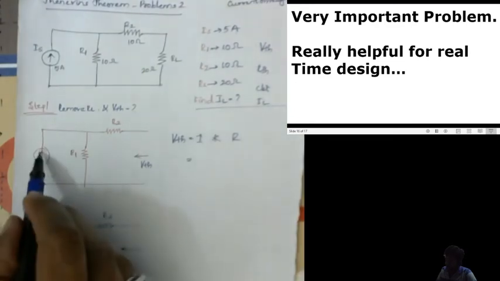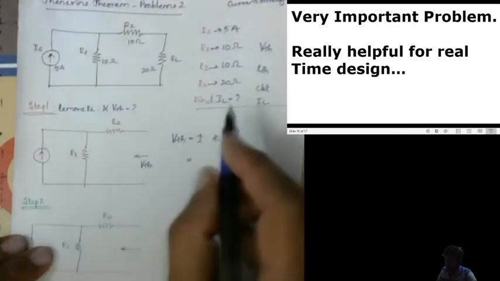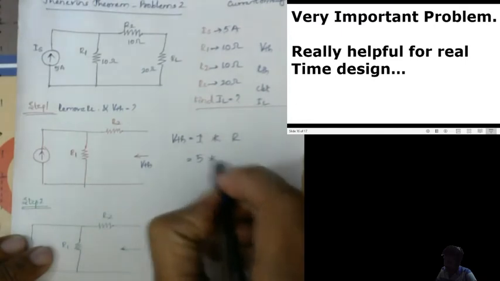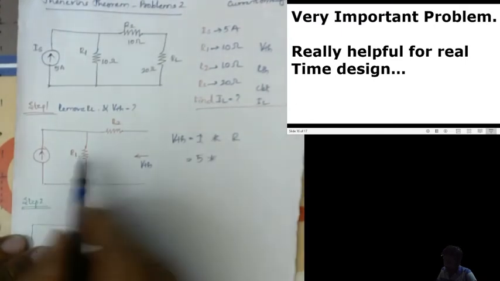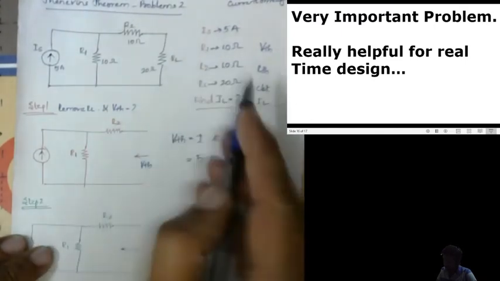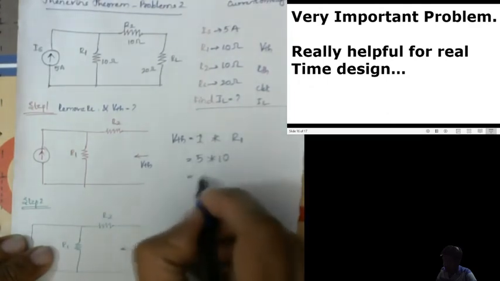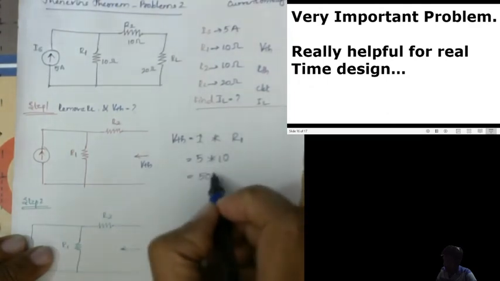Therefore, the current will pass over here. 5 amp into R, R means R1, R1 means 10. This becomes 50 volts.